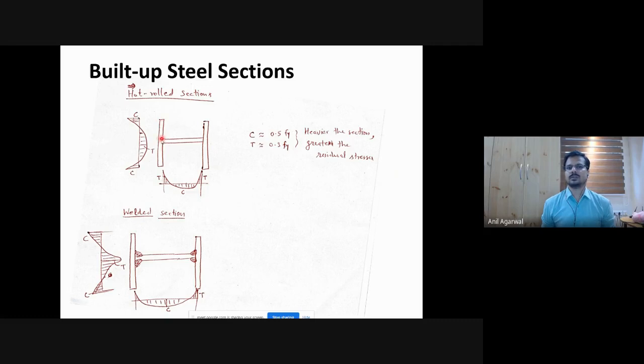As a result, you end up developing a tension force in these parts. When you are developing tension here, to balance that, you have to develop compression there. In essence, this portion is pulling the rest of the cross section in, and the rest of the cross section is pulling the middle portion out. You understand? So if I may, let me try to draw on this slide itself.